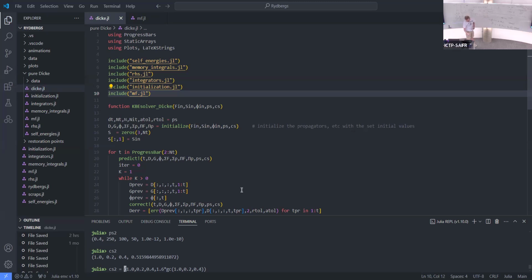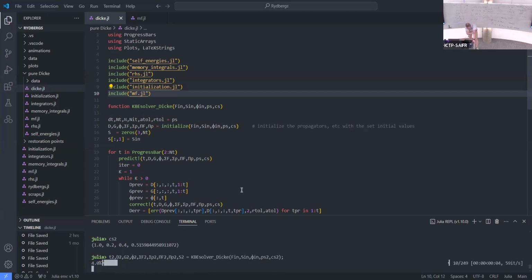And here I choose G equals 1.2 G critical mean field. It's 250 steps. So let's see how long it takes. It's not too many steps.